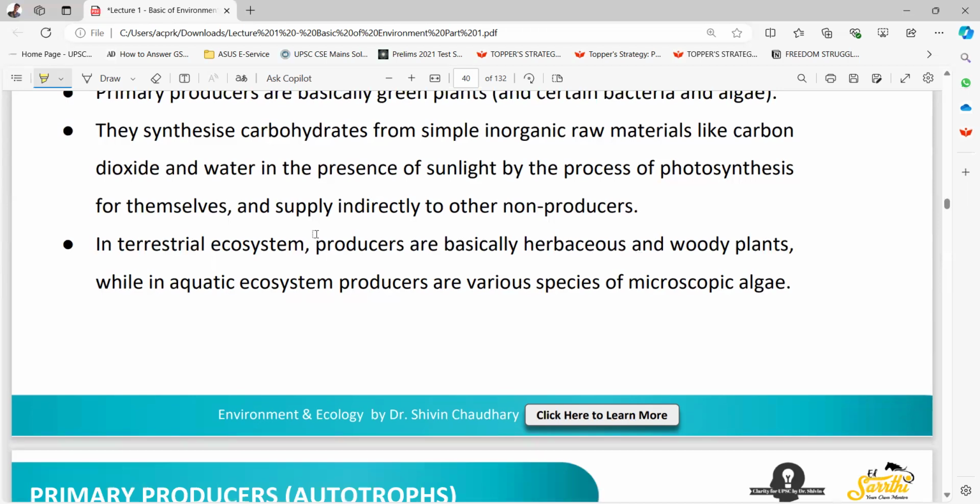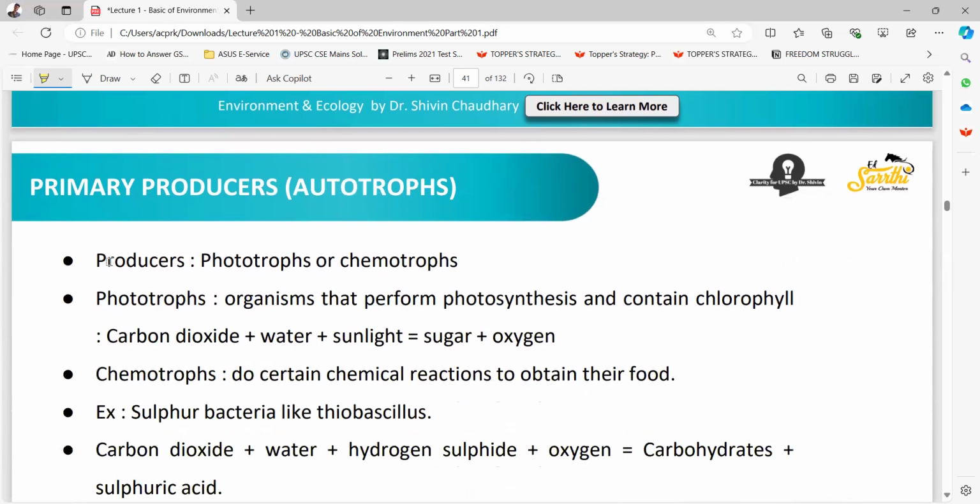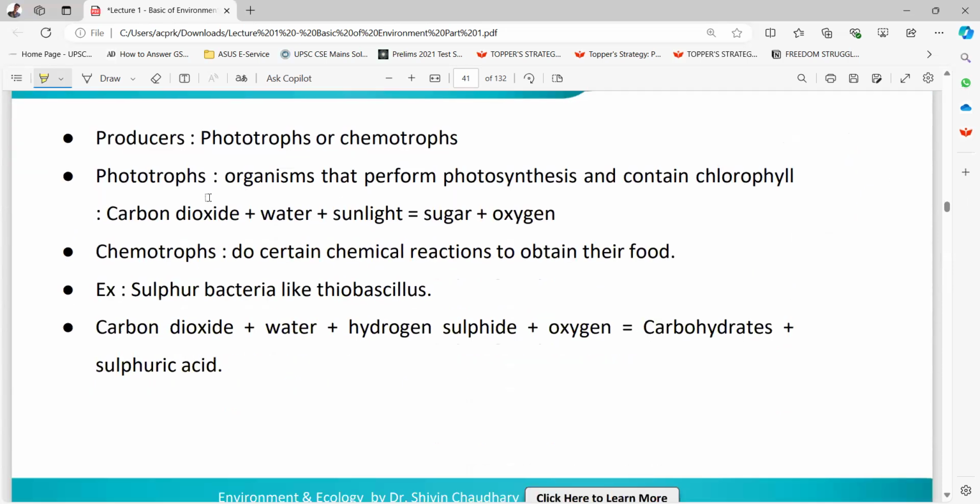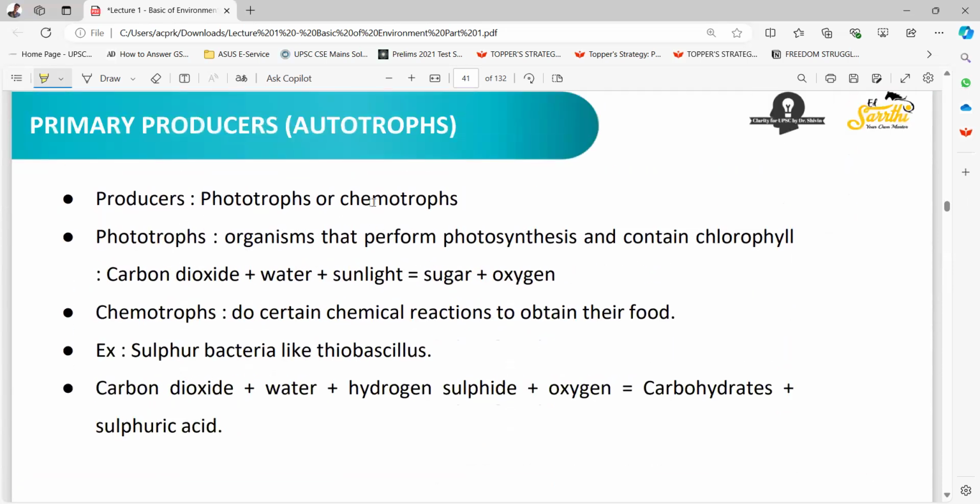In terrestrial ecosystems, producers are basically herbaceous and woody plants, while in aquatic ecosystems, producers are various species of microscopic algae. Primary producers, autotrophs. Producers, phototrophs or chemotrophs.